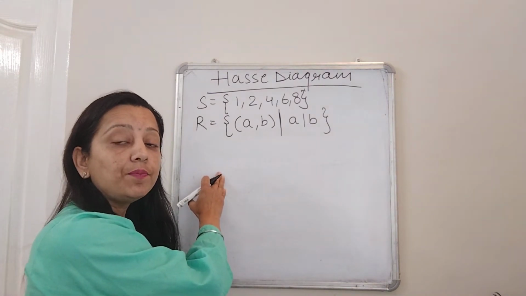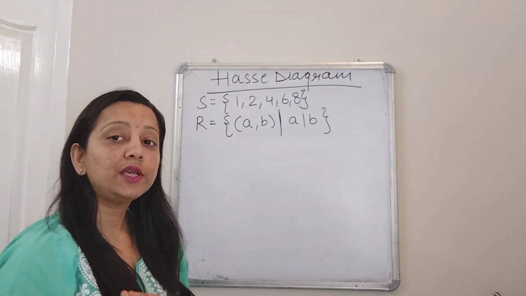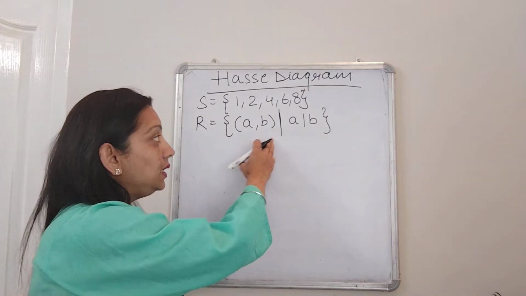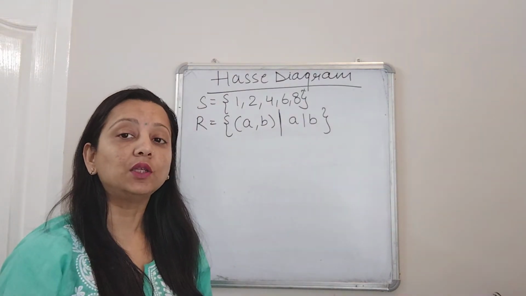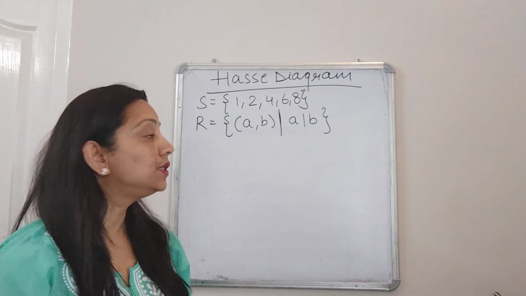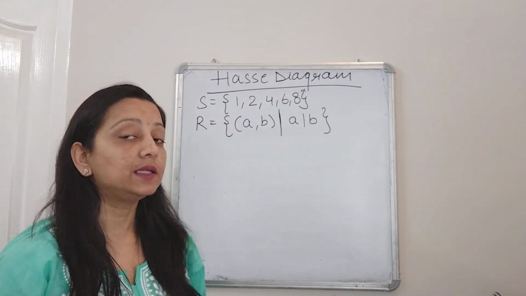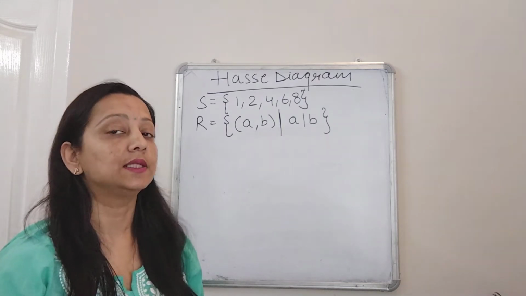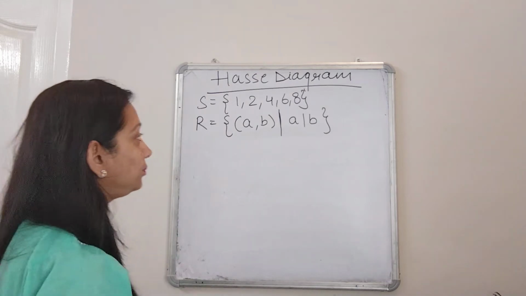And what is the criteria for the formation of this relation? It says that relation R consists of ordered pairs (A, B) such that A divides B, or in other words, B is divisible by A, right? So this is the criteria for the formation of the relation, and it's quite obvious that this relation is formed on the set S. Now let us see what all elements we can have in this relation.